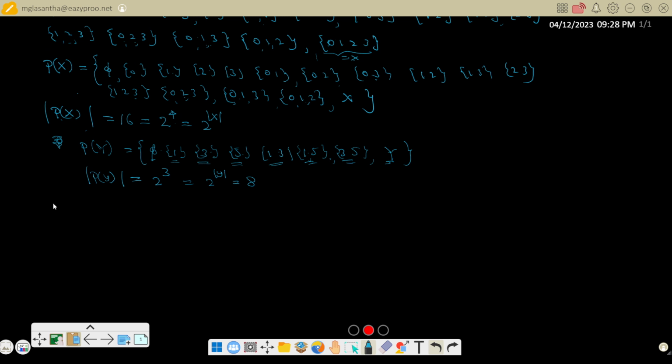T equals A, E, I, O, U. This is T. What is the cardinality of PT?